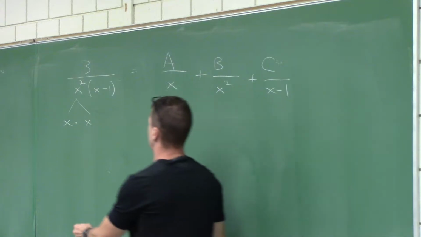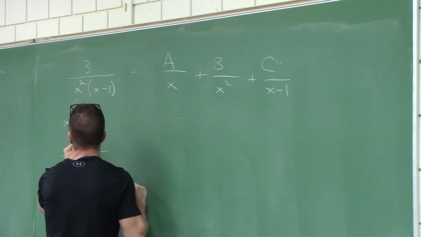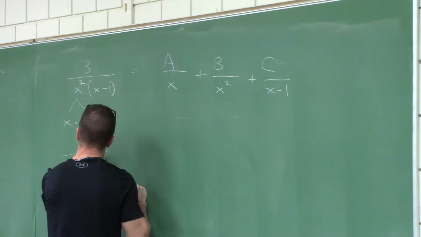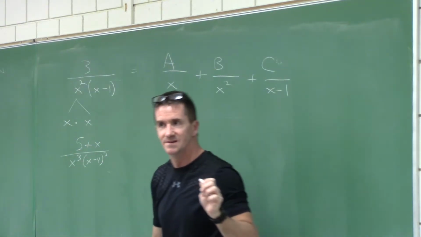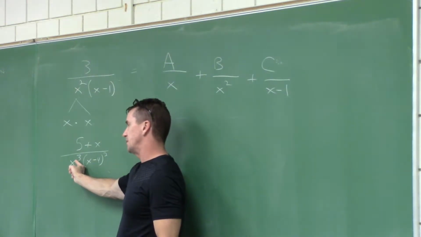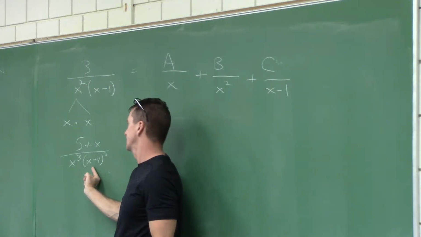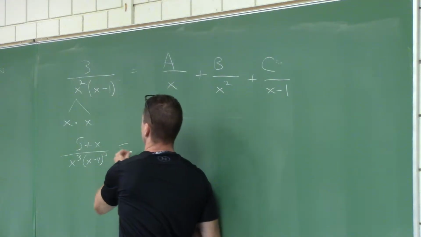And I'll just give you another example. What if it was like 5 plus x over x to the third times (x minus 4) squared? This is a linear repeated factor, and this is also a linear repeated factor. And how would we set this one up?